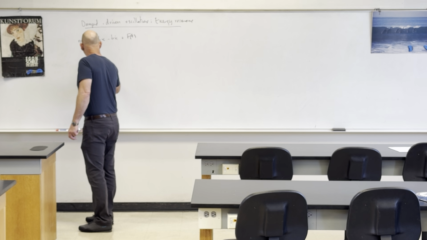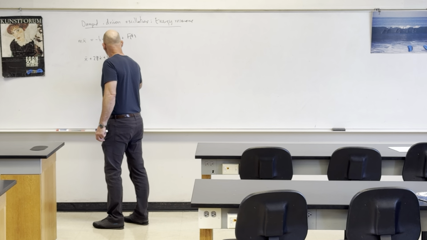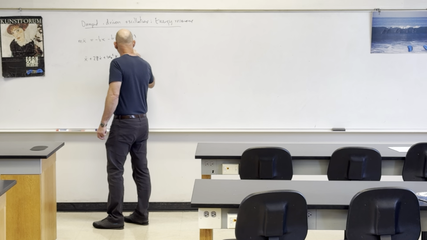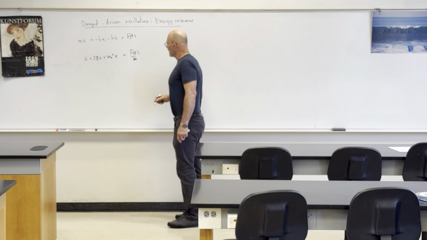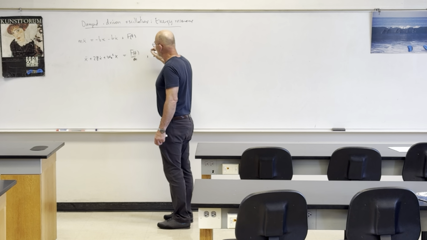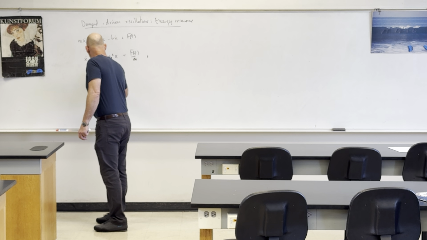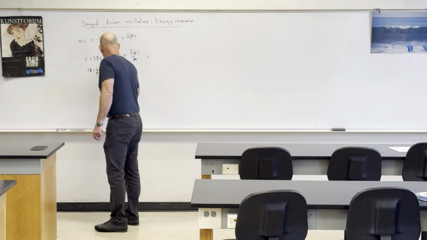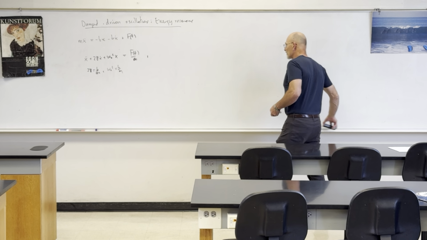Plus 2 gamma x dot plus omega naught squared x. So we brought it into this form. Because we know 2 gamma we just defined, b divided by m, omega naught squared, k divided by m. So that's how we get to that form, which is the one we're working with.